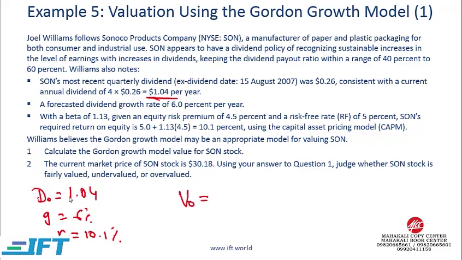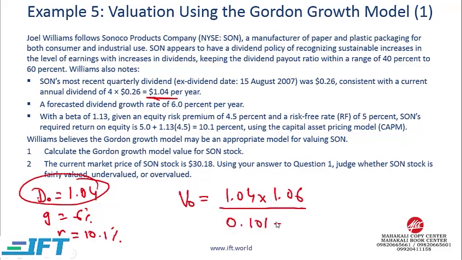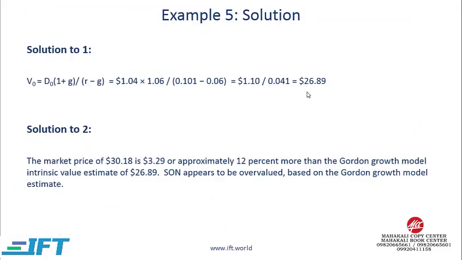It is D1, which is 1.04 multiplied by 1.06, growing at 6%, divided by R minus G, which is 0.10 minus 0.06. When you do the calculation, what you should get is this number, 26.89. And then a classic question that keeps coming up is whether the stock is currently overvalued or undervalued.